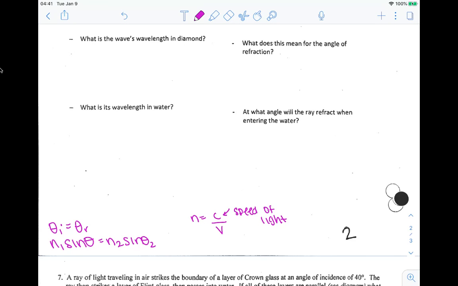And then the last formula that we have is n2 over n1 is equal to v1 over v2, which is equal to wavelength 1 over wavelength 2. So these are all of the possible formulas that we can use when solving for the questions here.